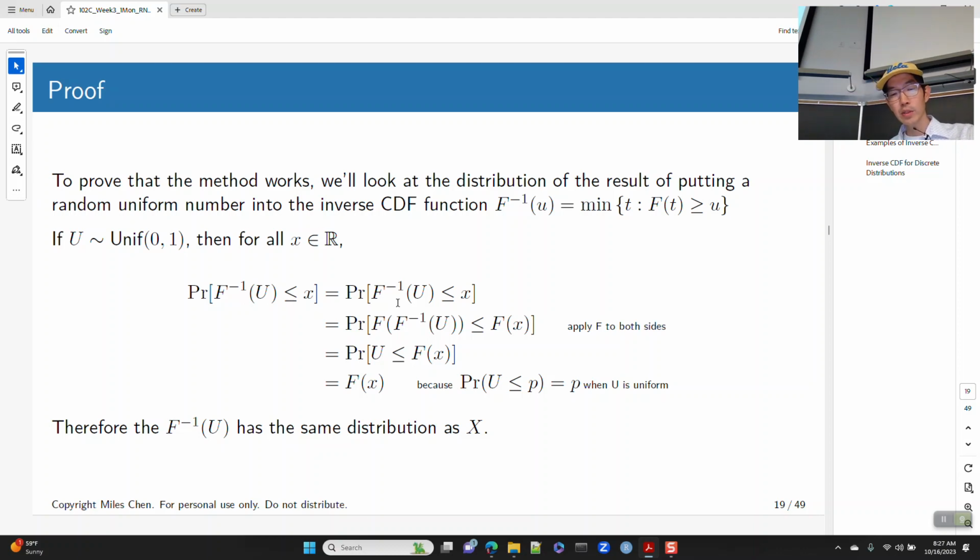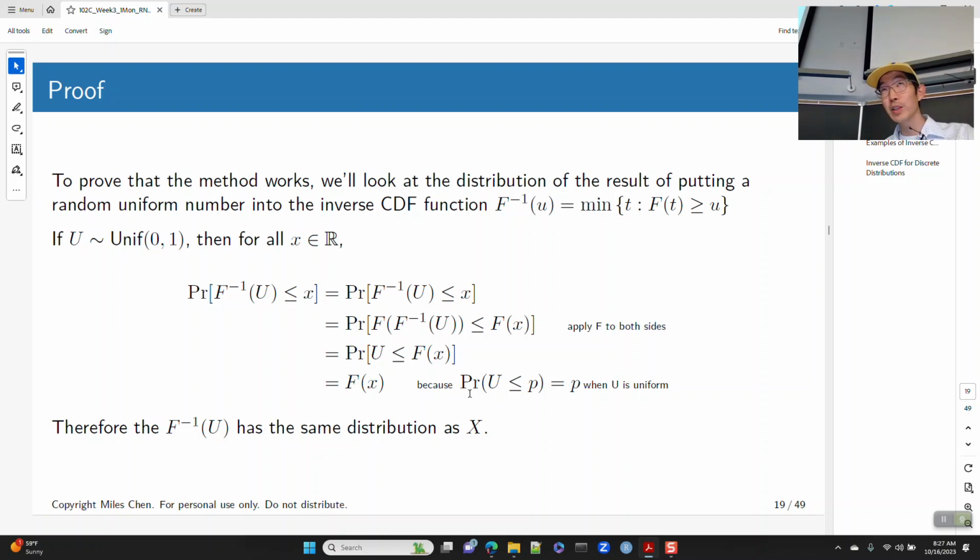Well, we can apply F to the inverse of this, and F applied to the inverse of F is going to cancel out, and we're going to get U. If we apply F to both sides of this inequality, then we will get X over here, big F of X. And then, what's the probability that U is less than or equal to big F of X? Well, that's just going to be F of X, right?